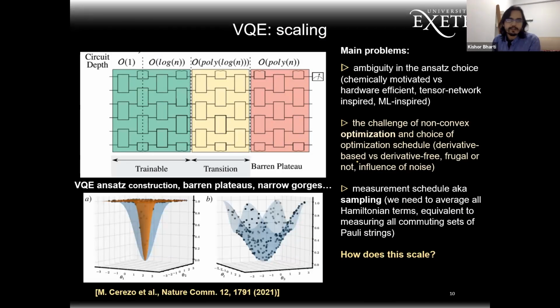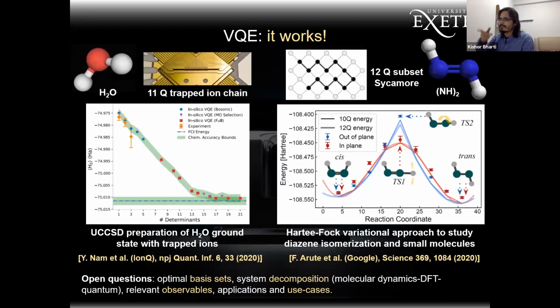Sorry, can I ask a question, Oleksandr? Sure, sure. So in the previous, this is more like, so the largest system they have simulated is 12 qubits with VQE, is that correct? Okay. Yes. And here, when you are plotting energy versus reaction coordinate, so you change the reaction coordinate and then you run the VQE for that one.